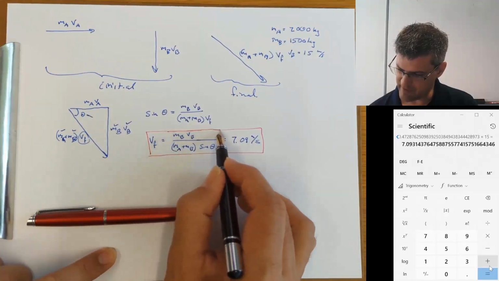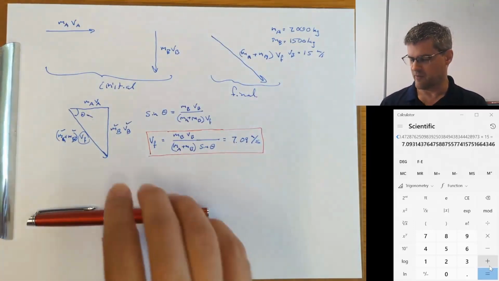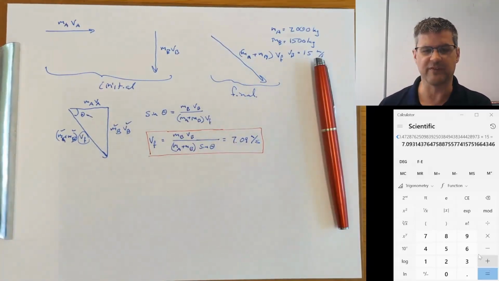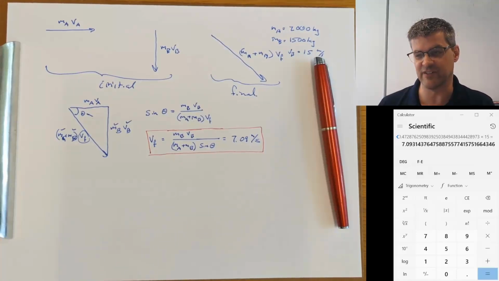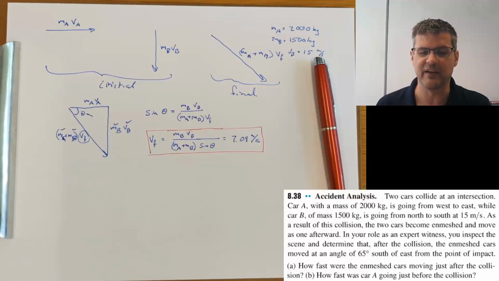So even though we didn't know what the velocity of A was before the collision, because of the angle that it's leaving, we can actually find out some more information about the problem. So this is the final velocity, right? Going back to the text of our problem, how fast was car A going before the collision?